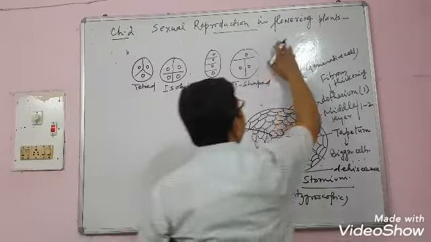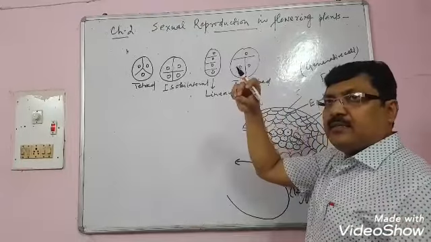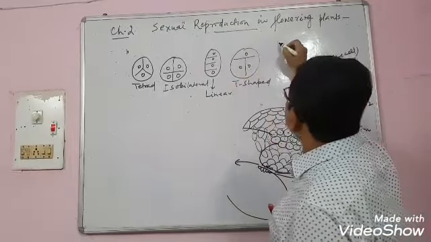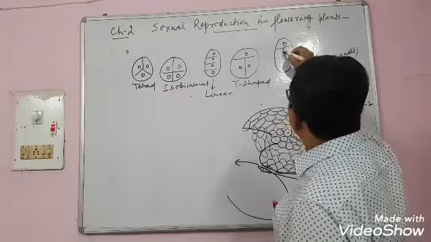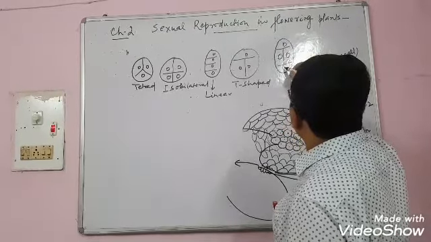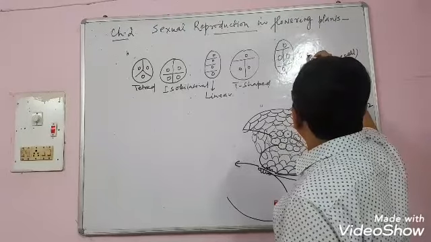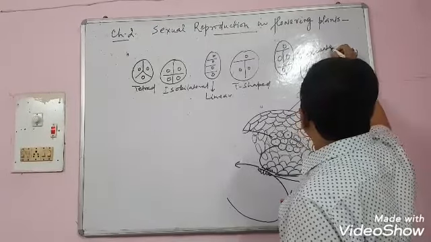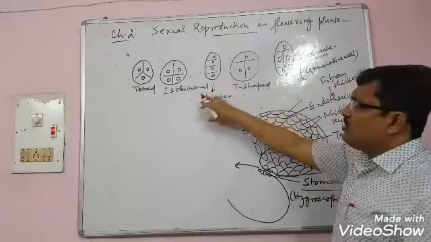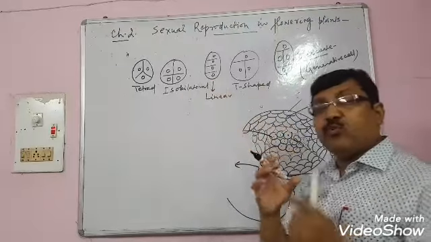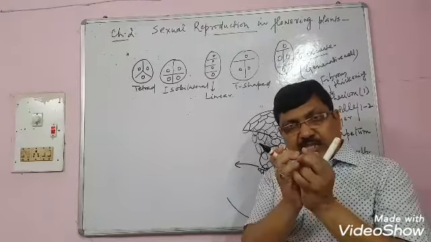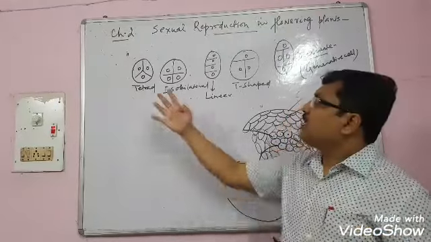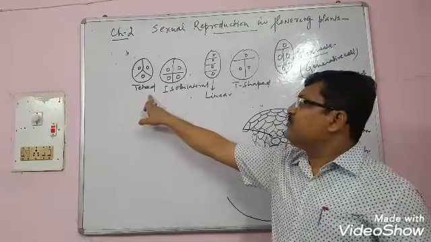And sometimes like decussate, means like this. Decussate. So these are the 5 different positions of the microspores which are present in a group. Means there are 4 cells. Tetrad means 4 cells.